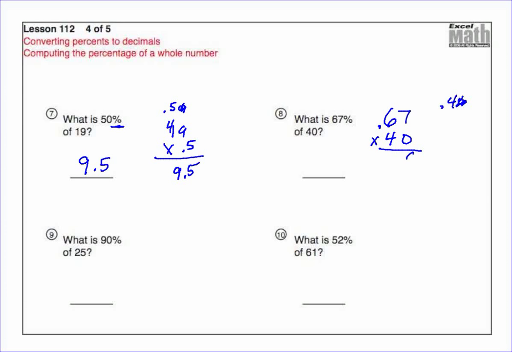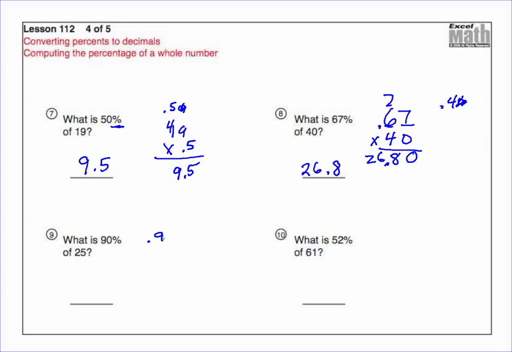So we just put a 0 down for a placeholder and multiply 7 times 4, which is 28. Carry the 2, 6 times 4 is 24, plus 2 is 26. So the answer is, oh, and then I got to move the decimal point over 2 spots because there's 2 spots in the question. The answer is 26.8 or 26.80.